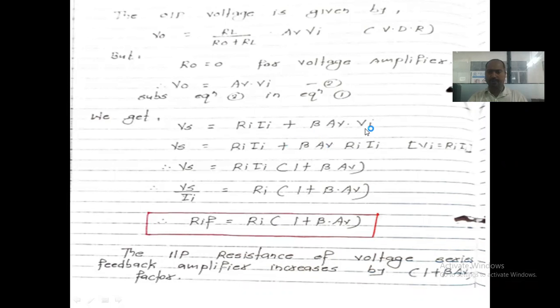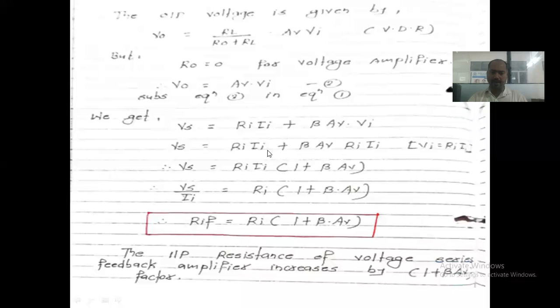We know that V equals IR. We have seen the same thing in Ohm's law. So wherever V comes, we write it as IR. Here I is the input current and R is the input resistance, so Vi equals Ii into Ri.